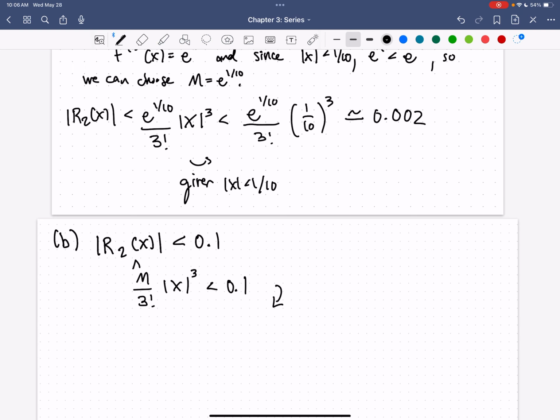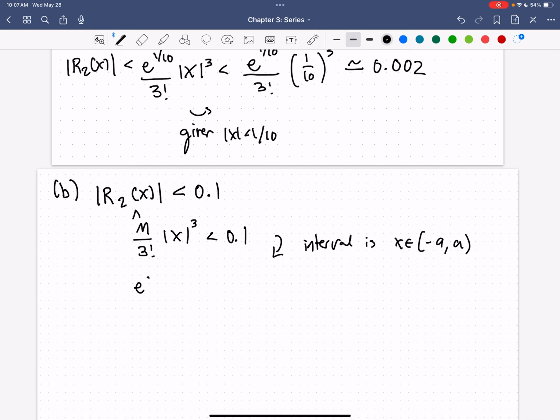Then here, our interval is, let's say, x between negative a and a. Then we know that this would mean that e to the a would be our upper bound for M. And then here we've got a cubed less than 0.1. And then you can solve for a.